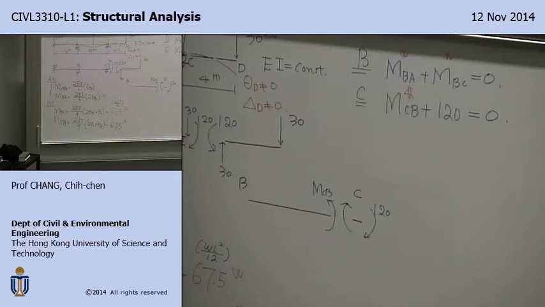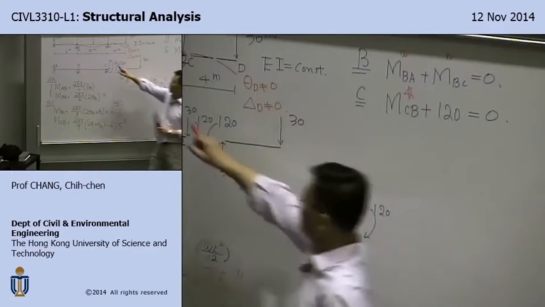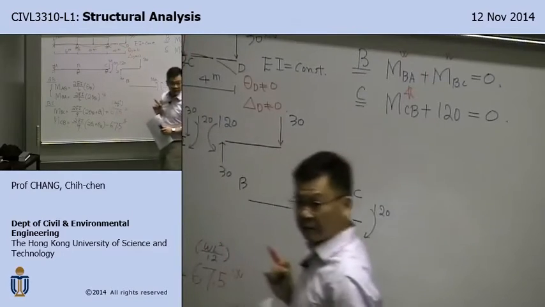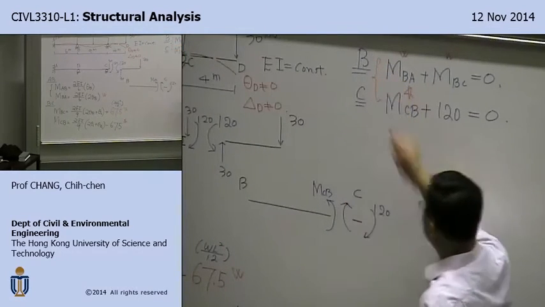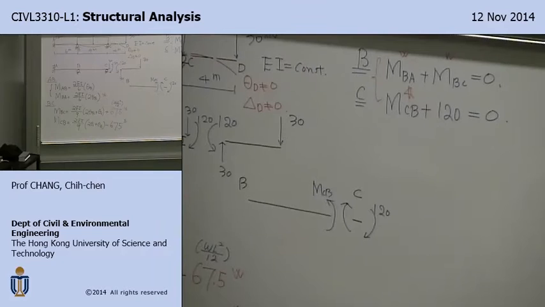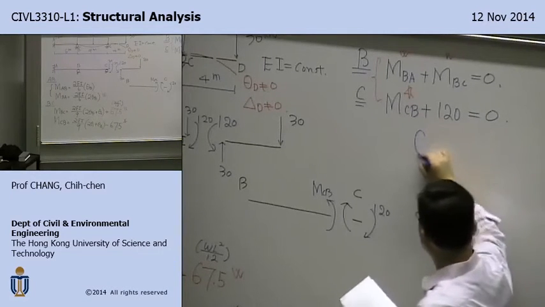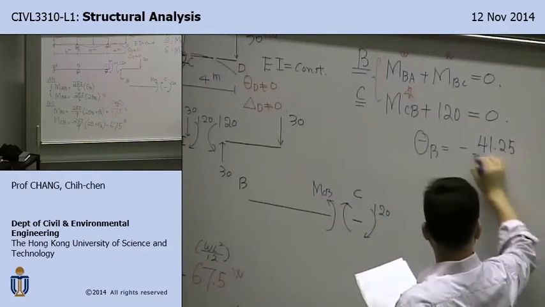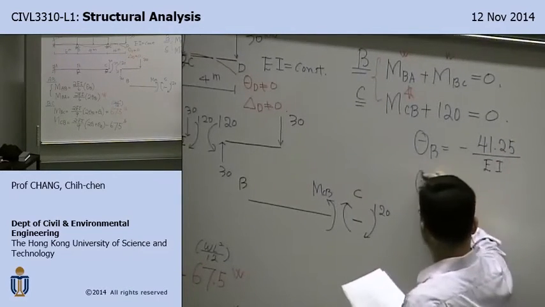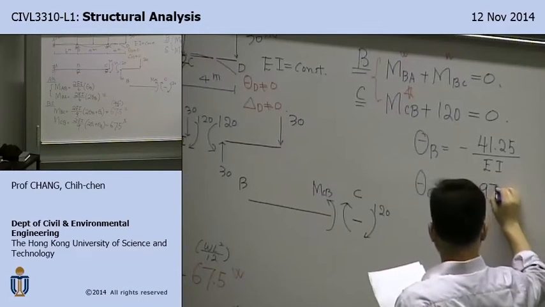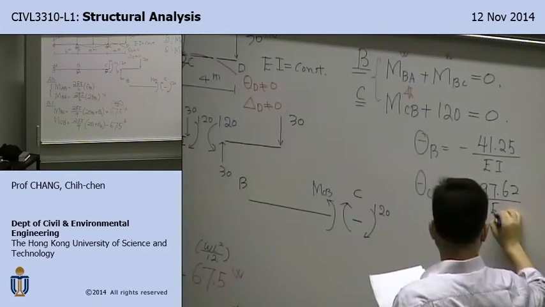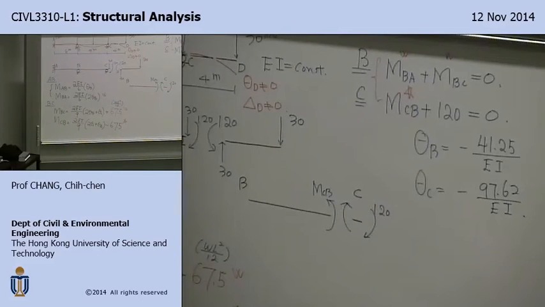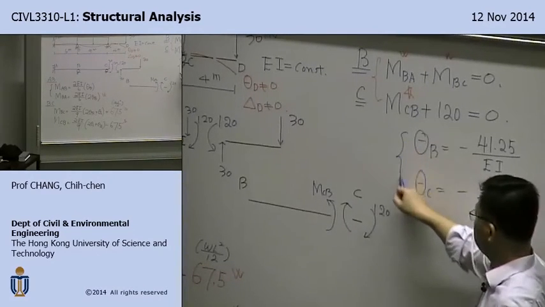So you have two equations, and we have two unknowns, which are theta B and theta C. So here are your simultaneous equations. So just solve the simultaneous equations. OK, done. Theta B and theta C are found.